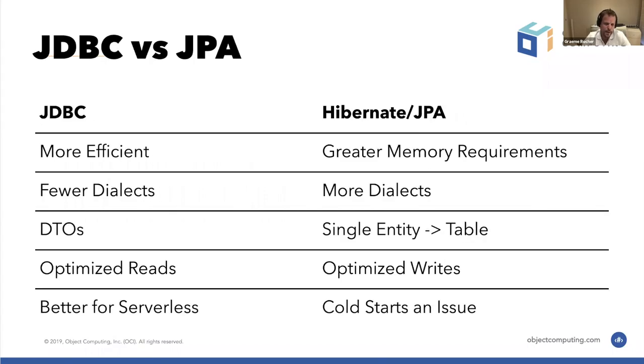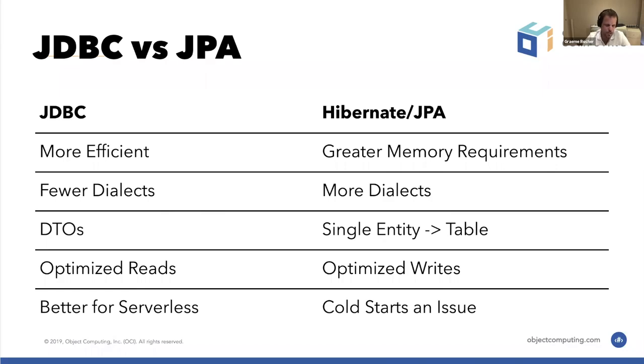So in terms of a comparison of when you would choose one, JDBC versus JPA, there's very much pros and cons to each approach. Micronaut Data JDBC is much more efficient, requires less memory, is faster to start up, and doesn't use reflection, doesn't use runtime proxies.